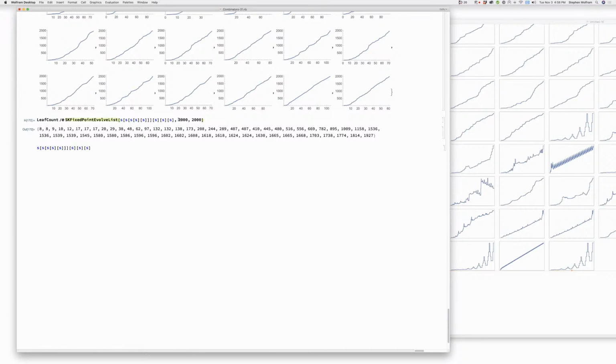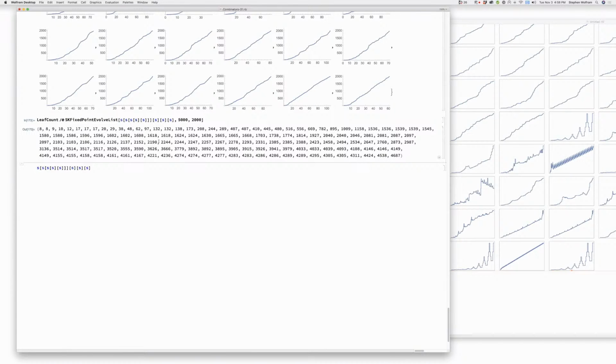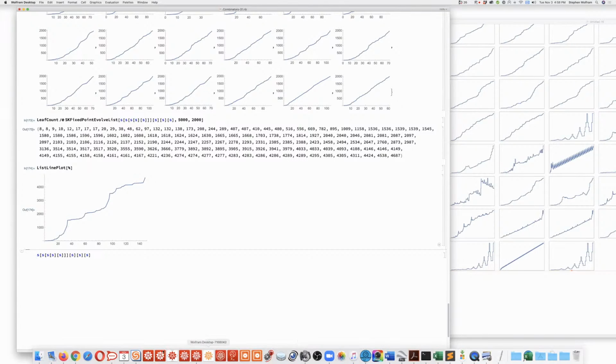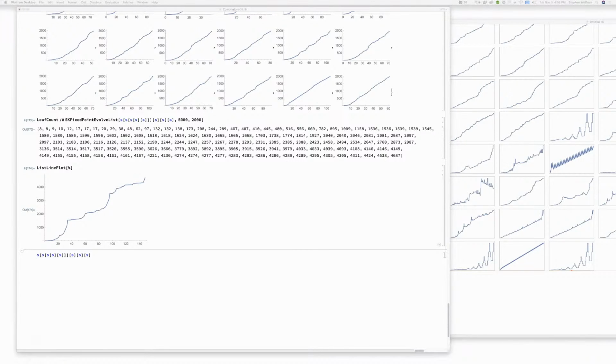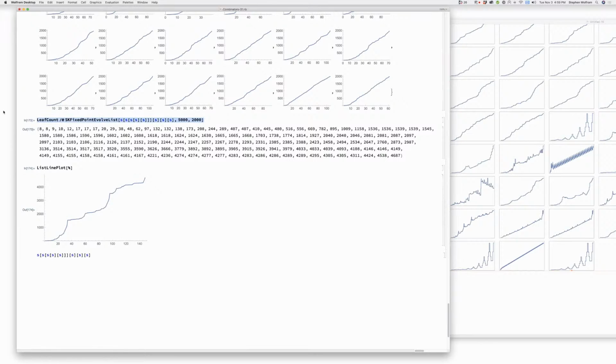So that goes up to, let's go to 5,000 here. Okay, it certainly doesn't look like it's terminating, but let's see whether if we do a ListLinePlot of this. Oh my gosh. These things are just crazy. Like, how do we know whether this thing is going to keep going up or whether it's going to crash and come down? Like, how do we prove that? Let's try just seeing whether we can get to, I don't know if we can. Let's see if we can get to 25,000 here.